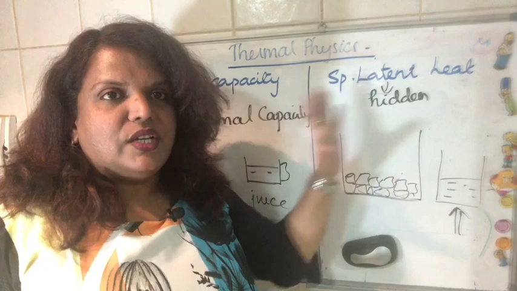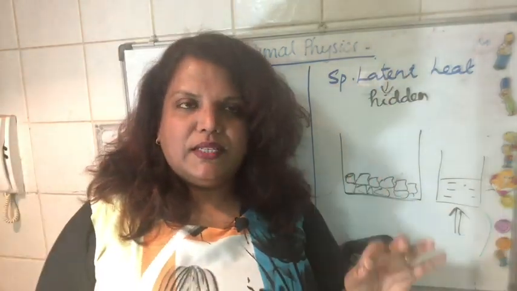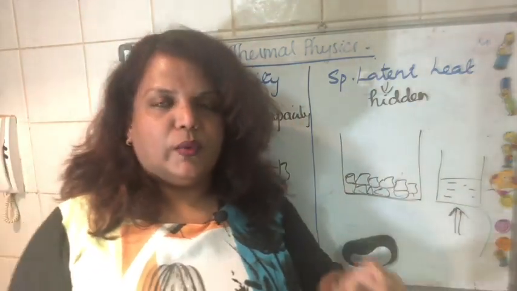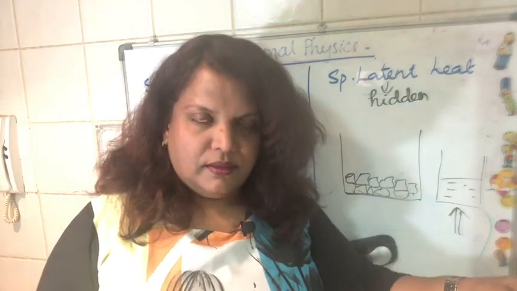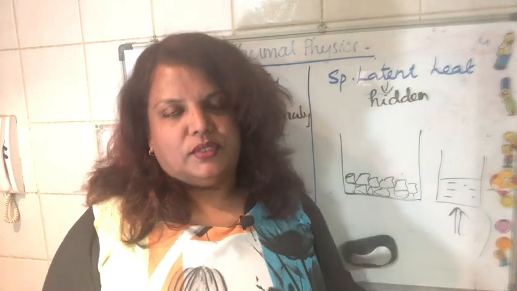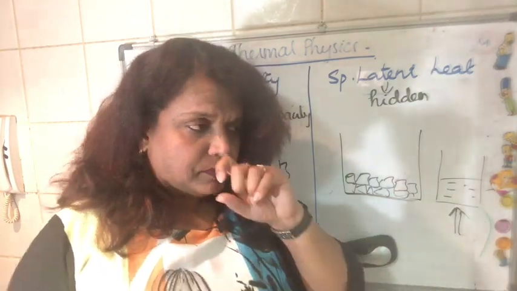Okay, so in general, how do you describe specific latent heat? Specific latent heat is the heat energy required to change one state of a substance to another. What's the clause here? Without any change in temperature. Clear? Without any change in temperature.